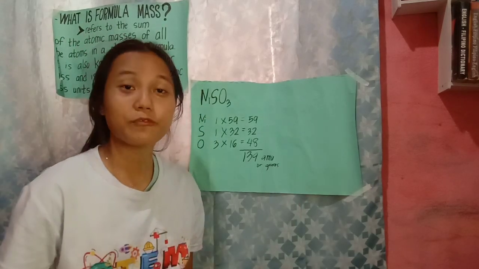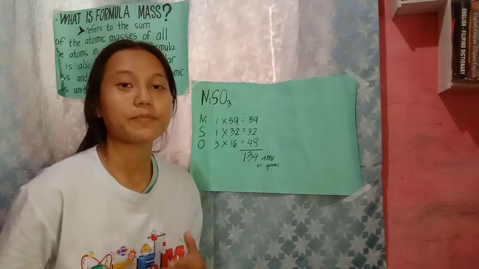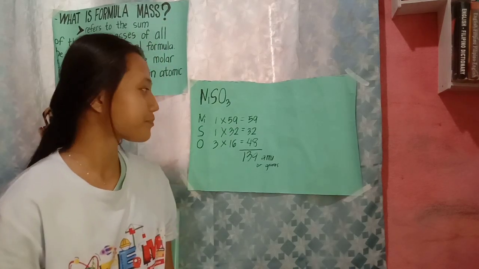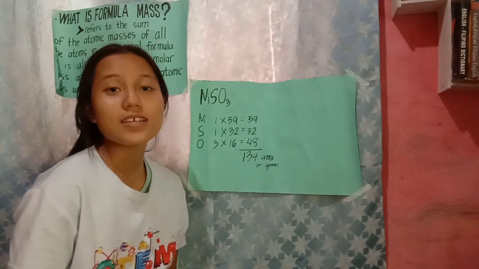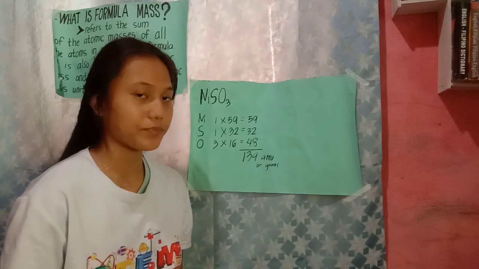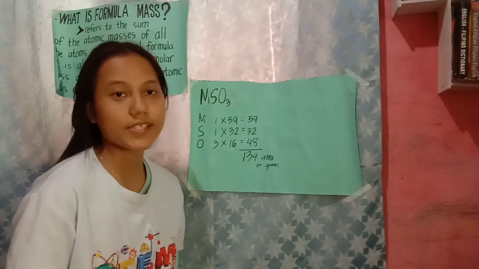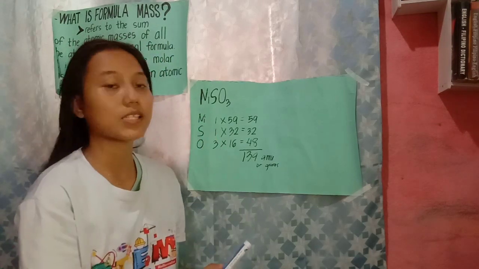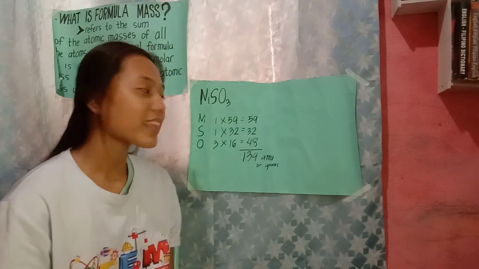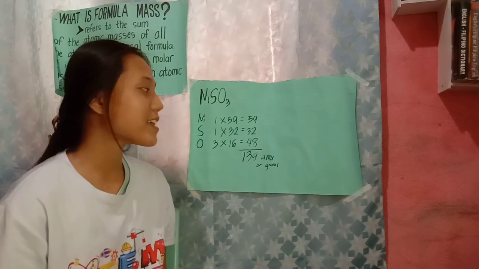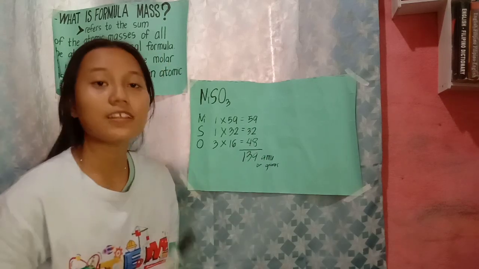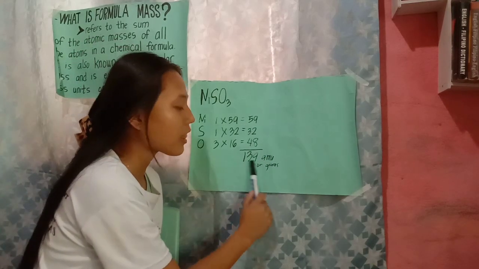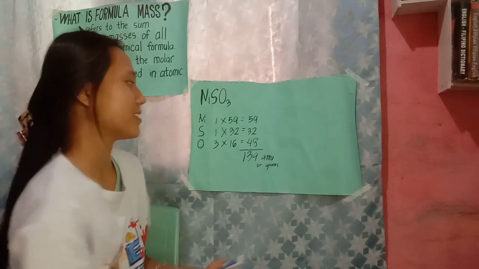Now let's move on to solving percent composition. In solving percent composition, there are steps we need to follow too. The first step is solving the formula mass, which is this. Then the second is to divide the atomic mass of each element by the total formula mass.